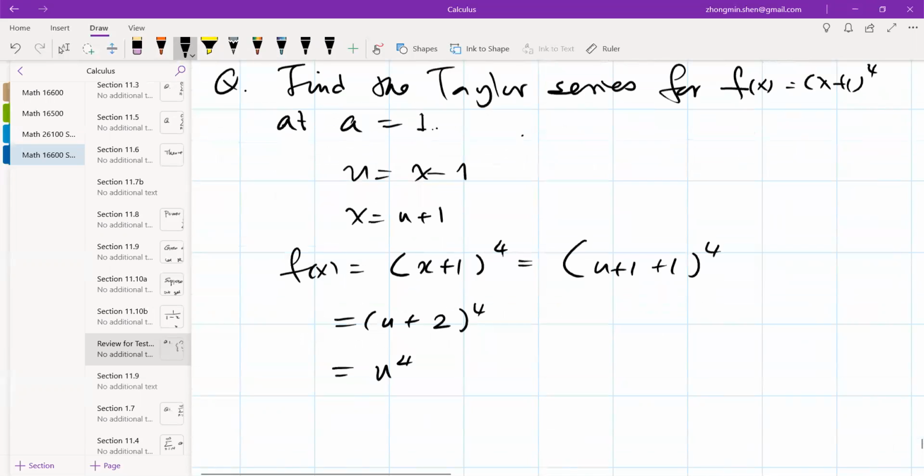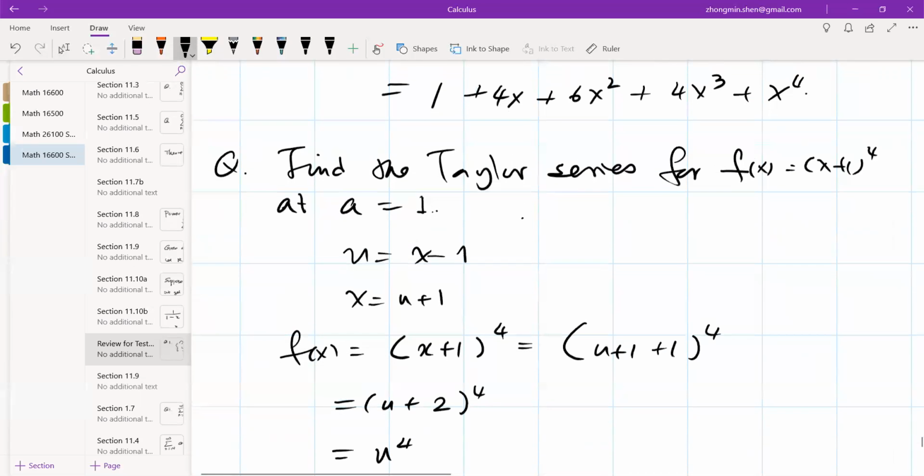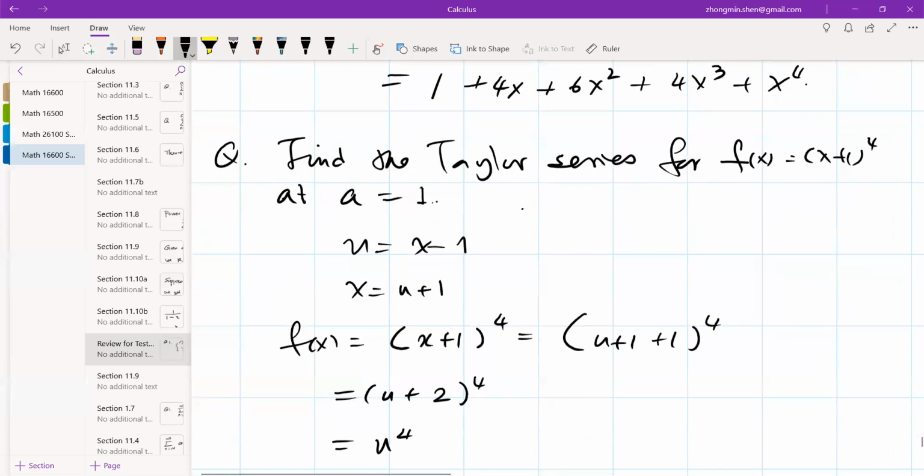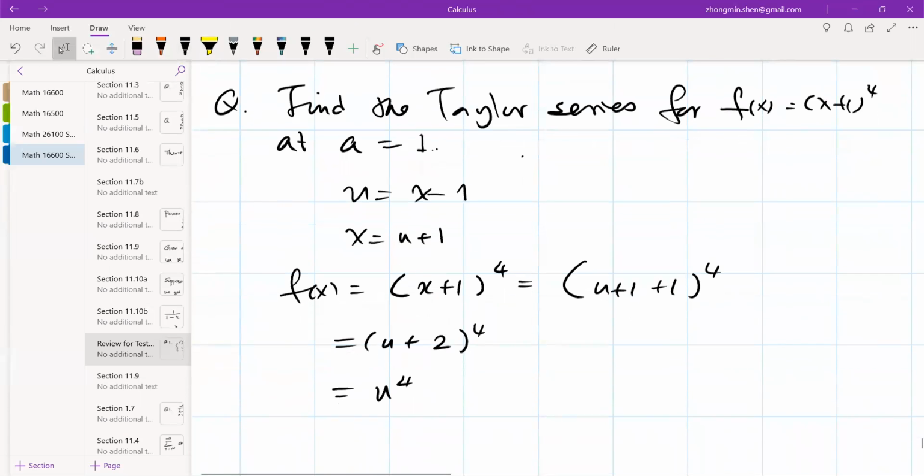It's u to the fourth power, and I'm trying to get all the coefficients. Okay, it's a little bit difficult right now, so let's go step by step. It does not take too much time. So this square, u squared plus 4u plus 4, then square.